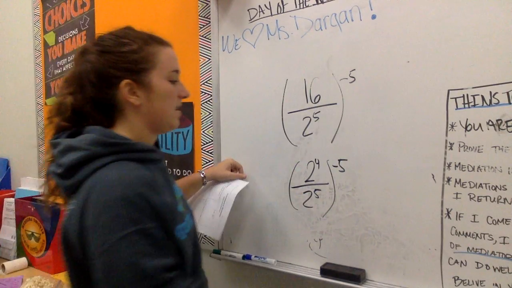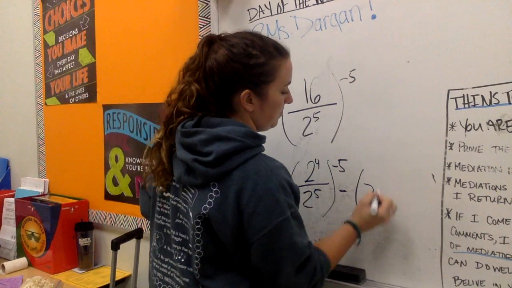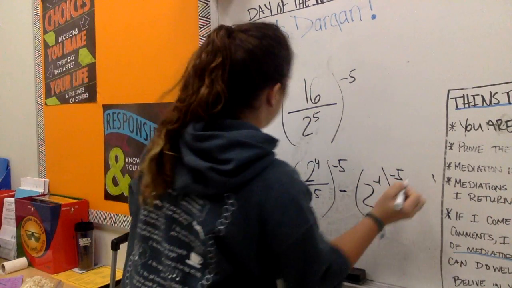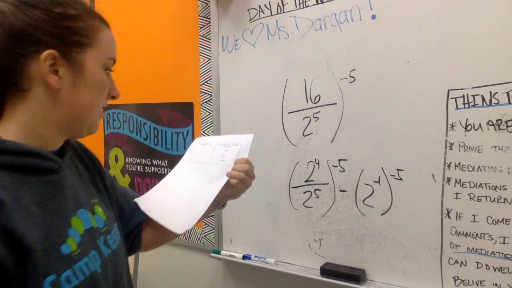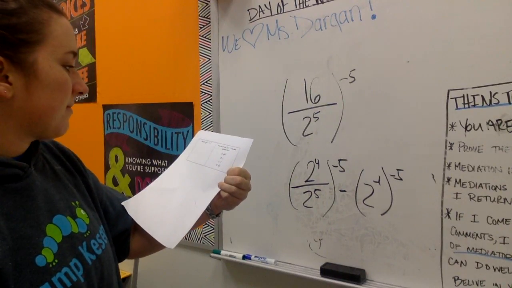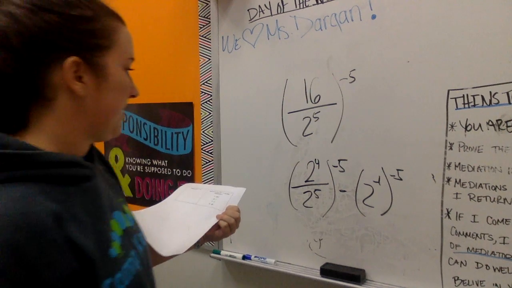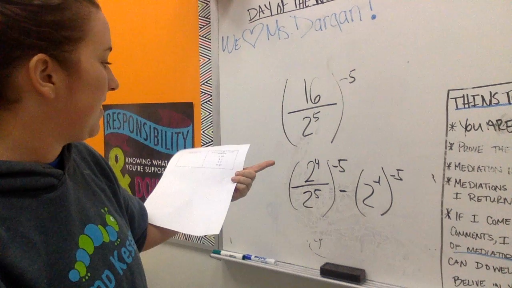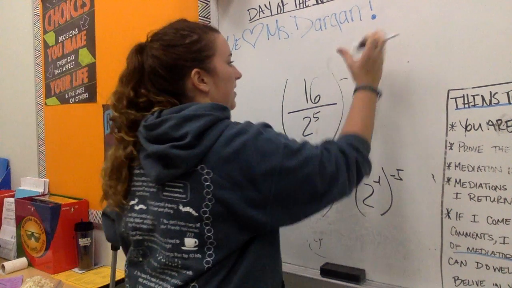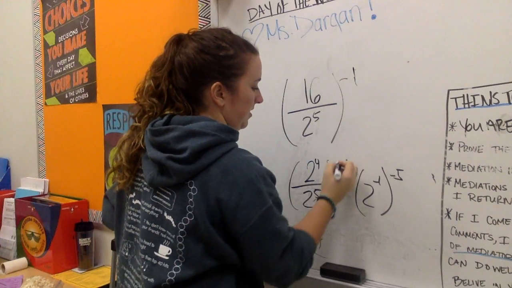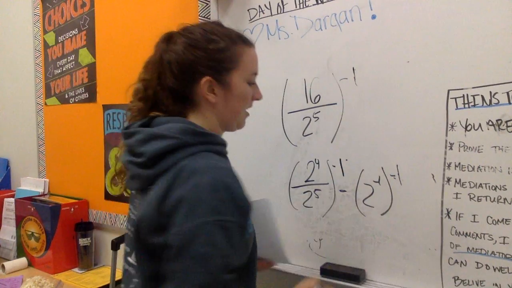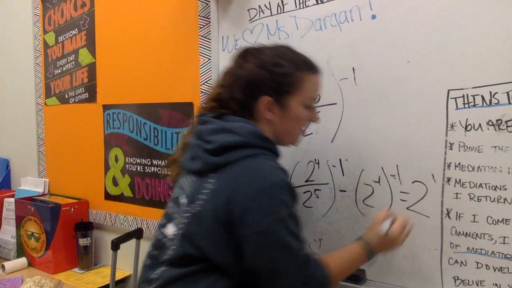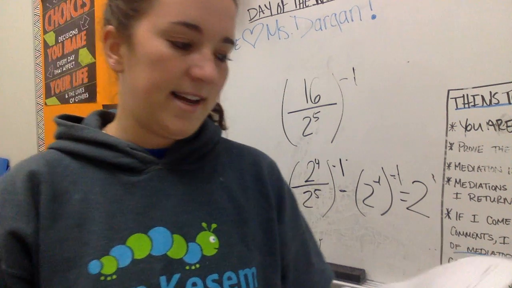Because I'm dividing within my parentheses, I'll get 2 to the negative 1st raised to the negative 5th power. And then I'll end up with, let me make sure I did that right. Oh, this is negative 1st power. So you'll have 2 to the negative 1st raised to the negative 1st power, which will be 2. So the correct answer is B.